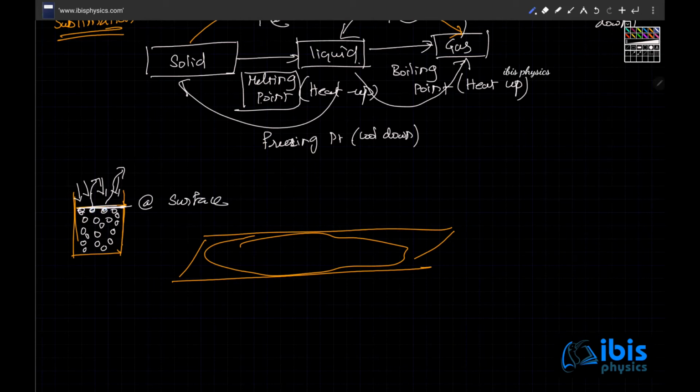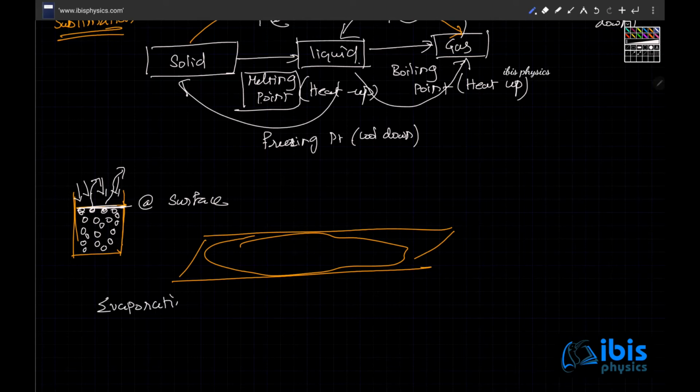So in any liquid, the molecules at the surface tend to escape into the air. That phenomenon is called evaporation. This can happen at any temperature, and only at the surface.